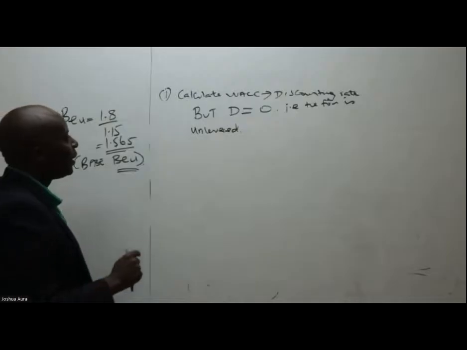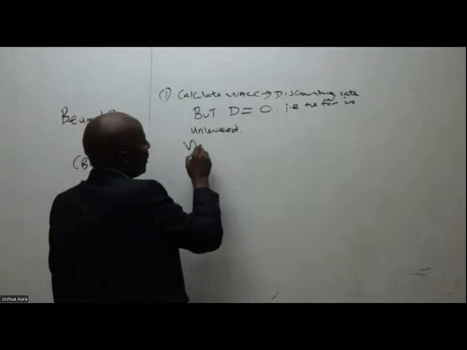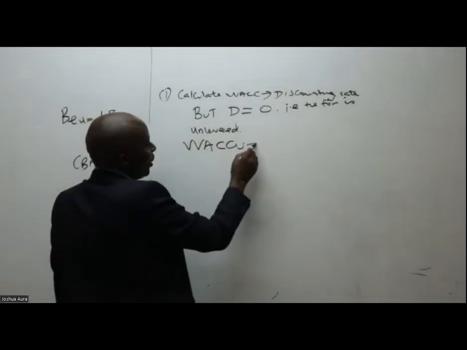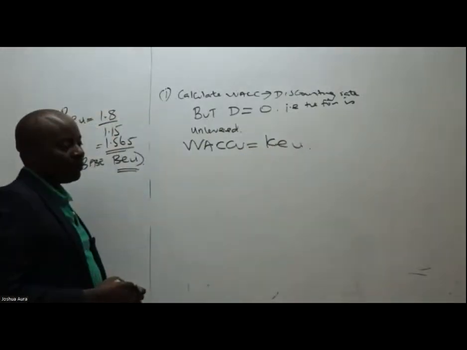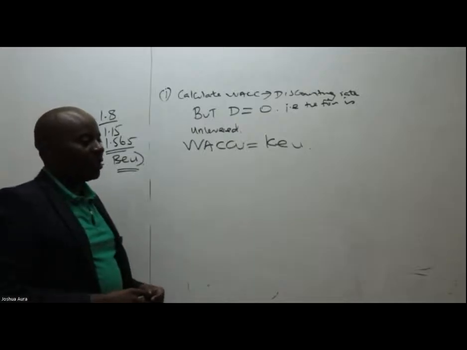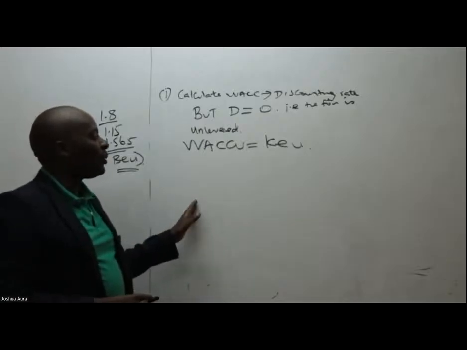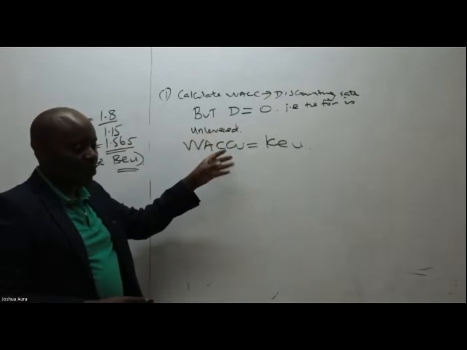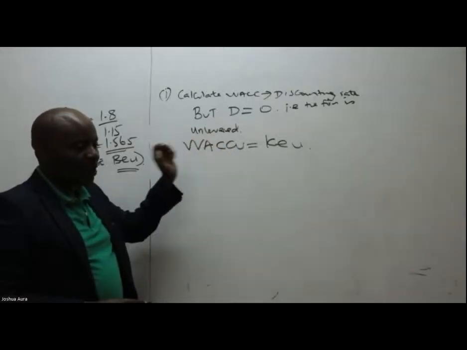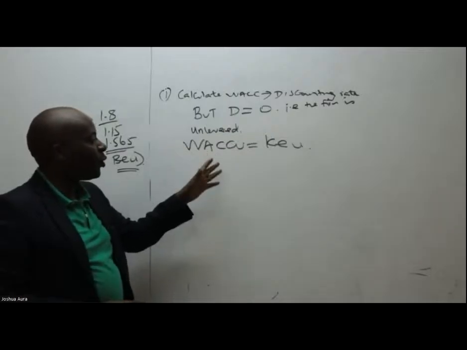If it's unlevered, remember in this case, ladies and gentlemen, what we used to call WACC(U) equals Ke(U). Very, very important. If it's unlevered, then the weighted average cost of capital of an unlevered firm will always be equal to the cost of equity of an unlevered firm. Some students told me WACC(U) equals Ke.